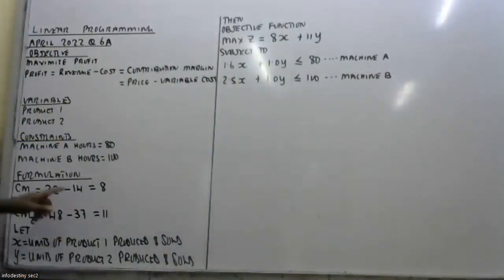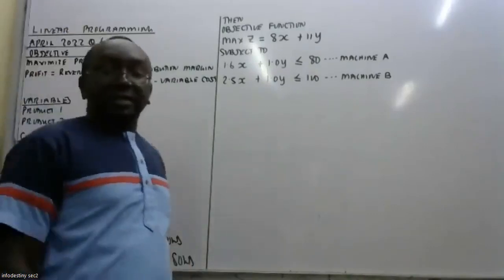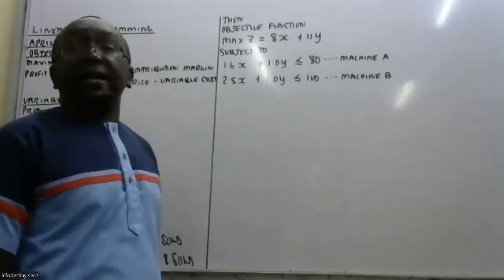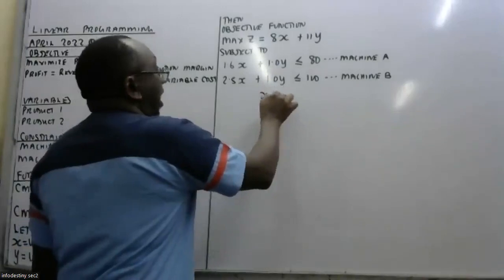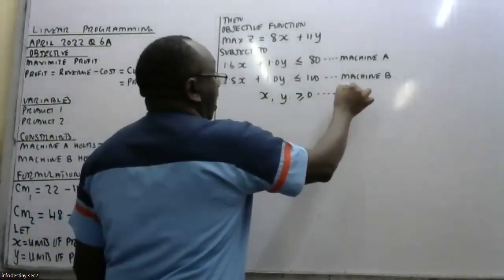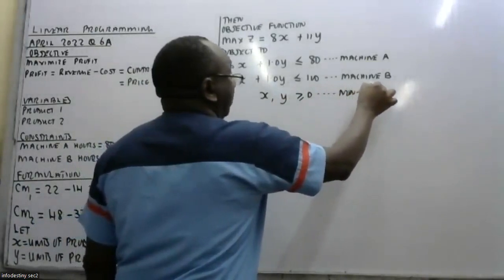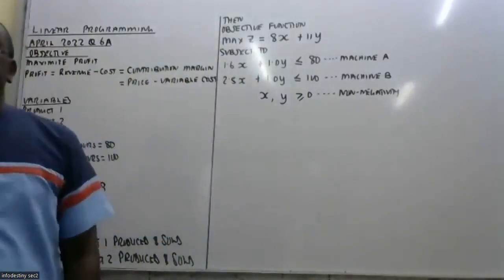But according to one of the assumptions we listed, called non-negativity, we are always supposed to say x, y should be greater than or equal to 0. This is called non-negativity.